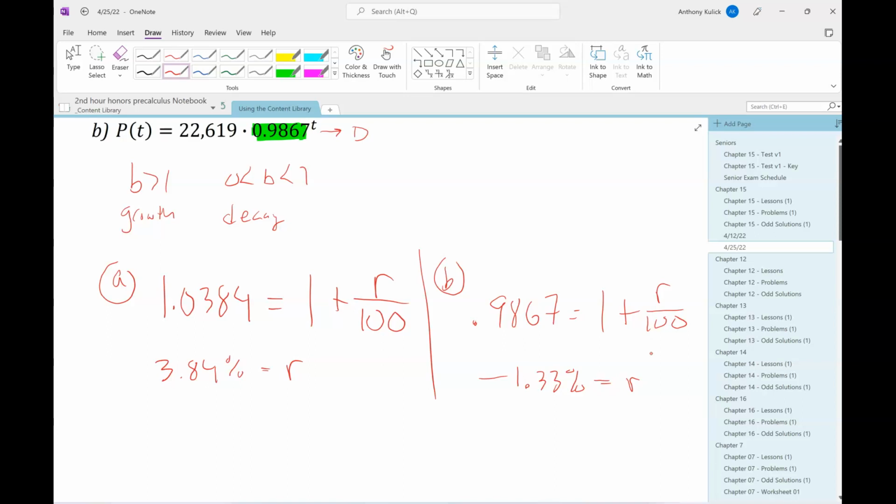So what can you say about the value for R and whether it's growth or decay? The relationship between the value of R and whether the function is growth or decay? Oh, it's positive. It's growth. Yeah, that's all. Positive R's are growth, negative R's are decay.